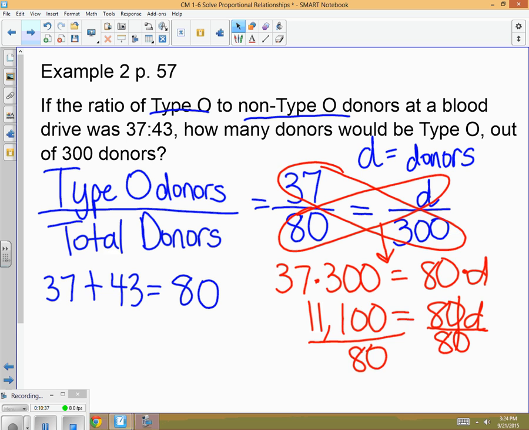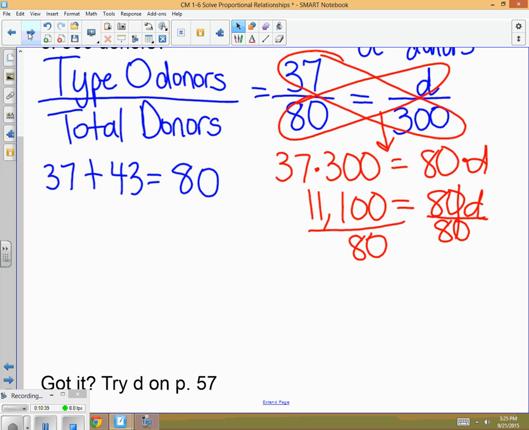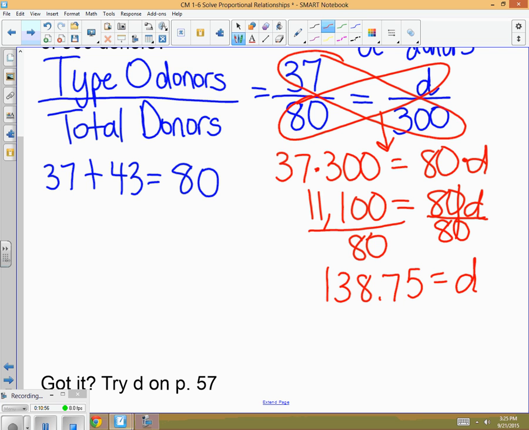Using a calculator, I would like you to type in 11,100 divided by 80, and you should get a total of 138.75. And that equals D. Now, since D stands for donors, we cannot have a decimal of a person.